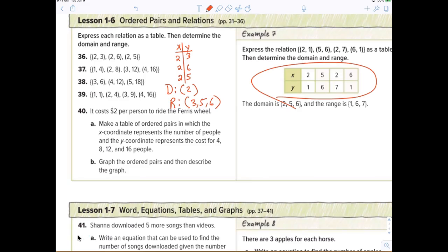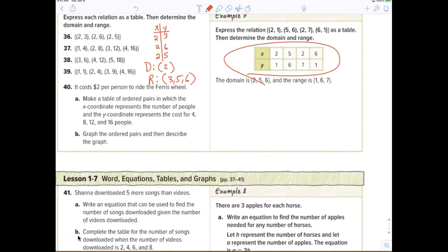Now let's look at 40. If it costs $2 to ride the Ferris wheel, we're going to make a table. This is the X, and this is the Y, and the people they're telling me are the X coordinate. So we're going with 4, 8, 12, and 16.